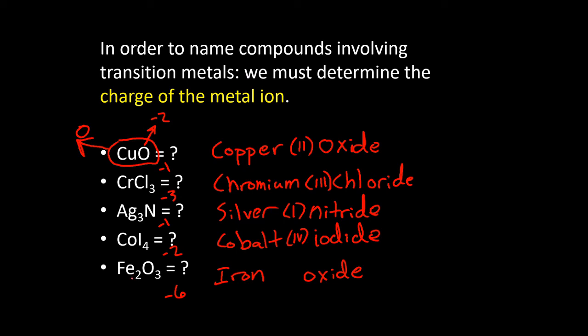So if we need +6 from all of the irons put together, that means that each of the irons is going to be +3. And that is what we report. The number we put there is the charge on each of those metals, not the total charge of the metals. This, by the way, iron 3 oxide, has a common name. We normally just call it rust.